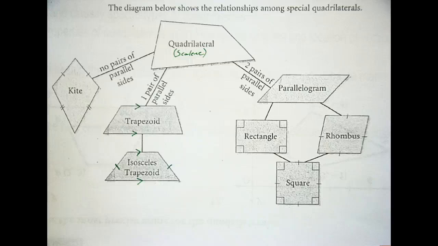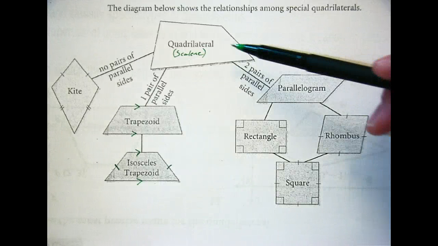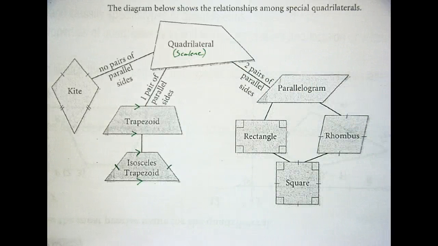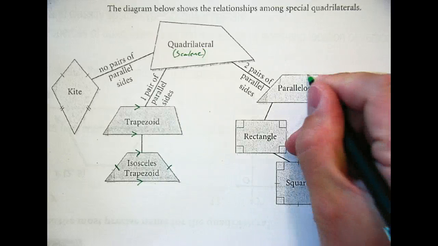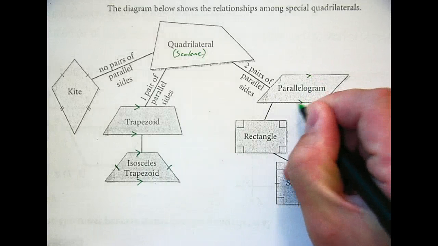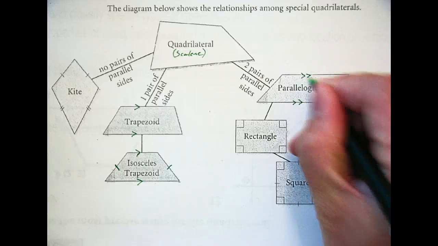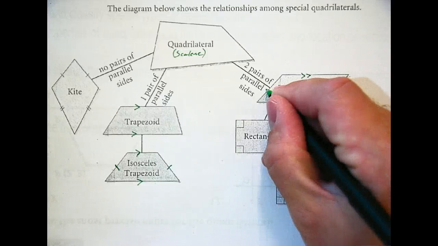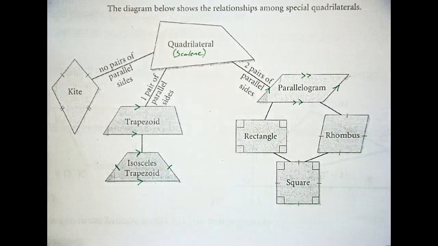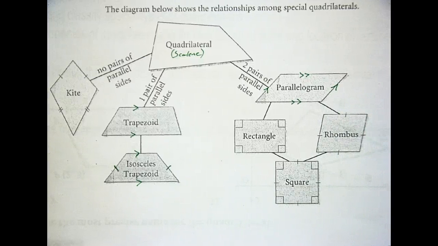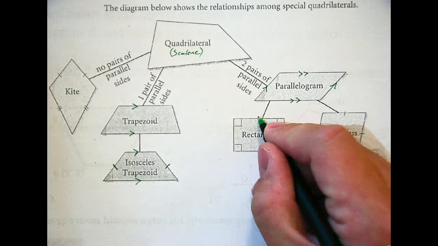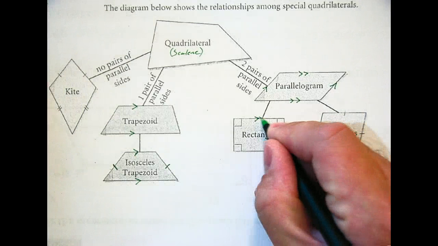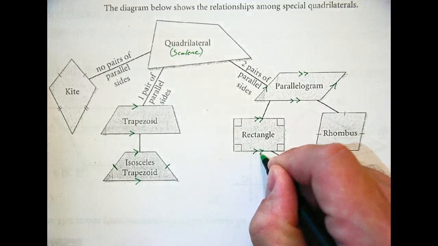And then from quadrilateral, we could have two pairs of parallel sides. Okay, well, if this is parallel to that, and so I'll put two arrows there, and that's parallel to that, notice I just put one arrow, okay, we have a parallelogram. And then from a parallelogram, we can get more specific. We could say, well, if all angles of our parallelogram are right angles, we now have a rectangle.